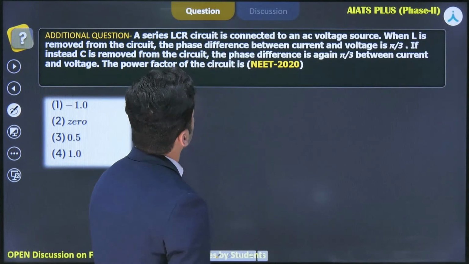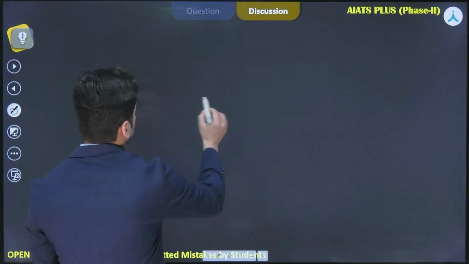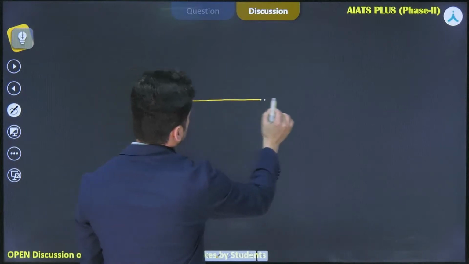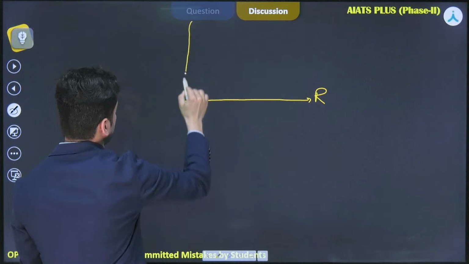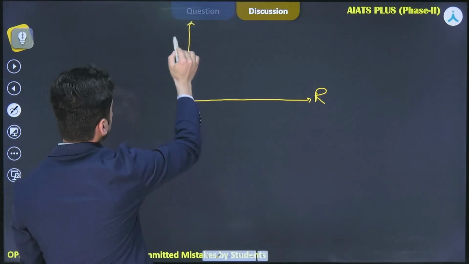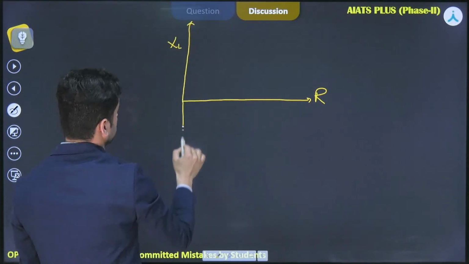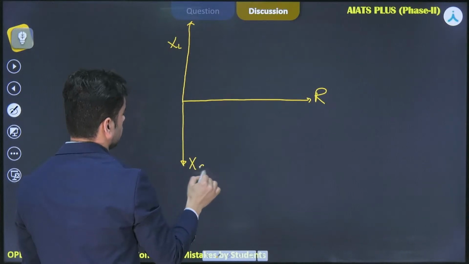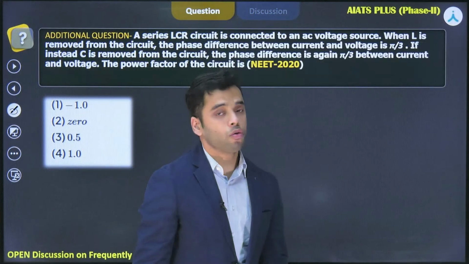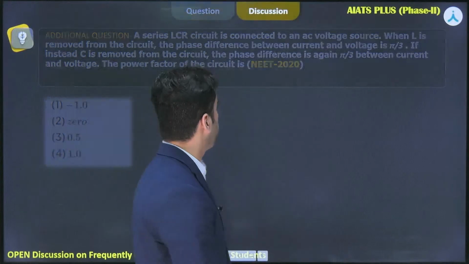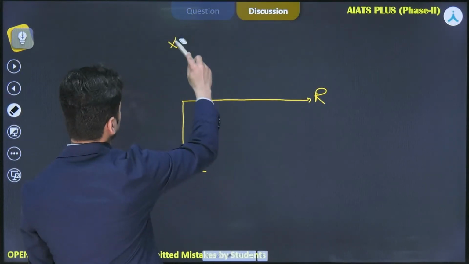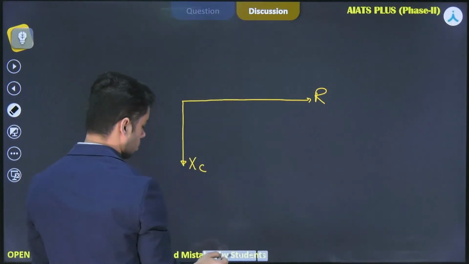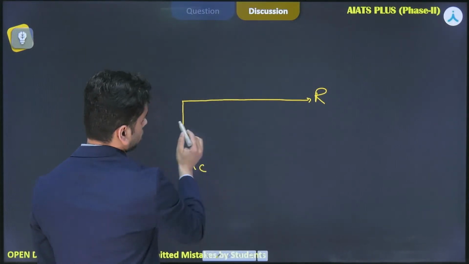So let me draw the impedance triangle. This is your R, right? This is your XL and this is your XC. Now the problem says that when L is removed, so let me remove L. I have removed L, the phase difference is pi by 3.